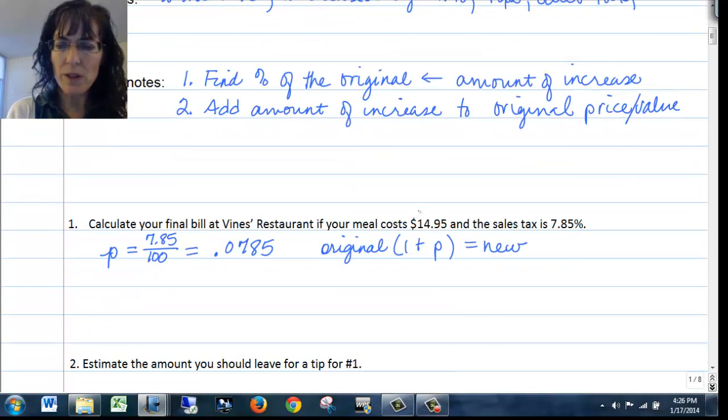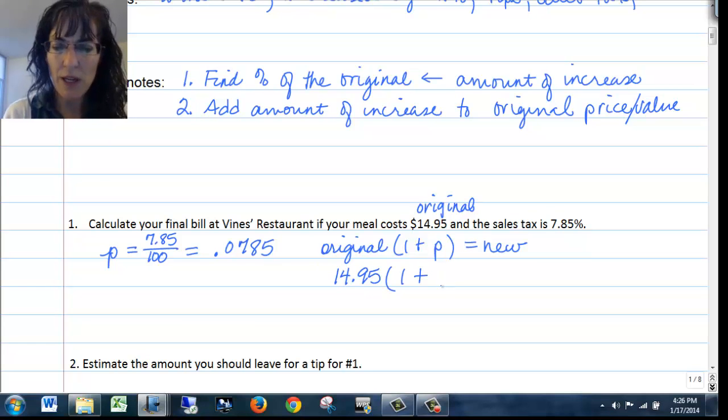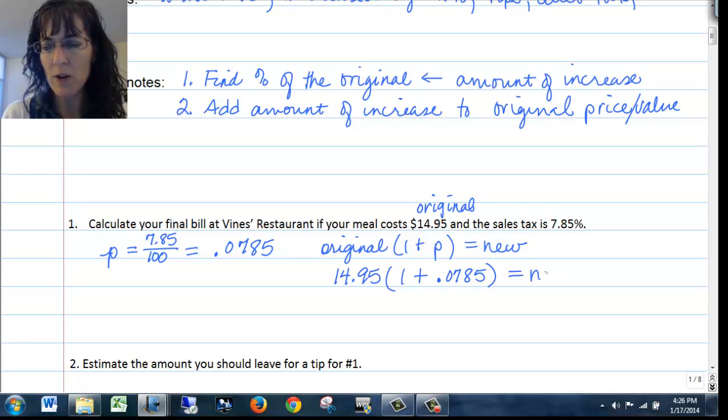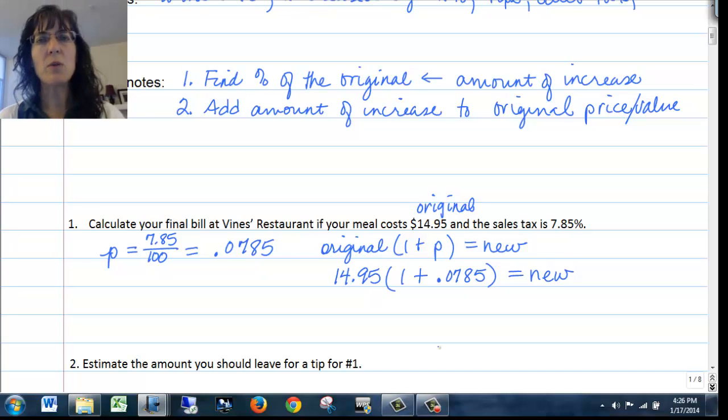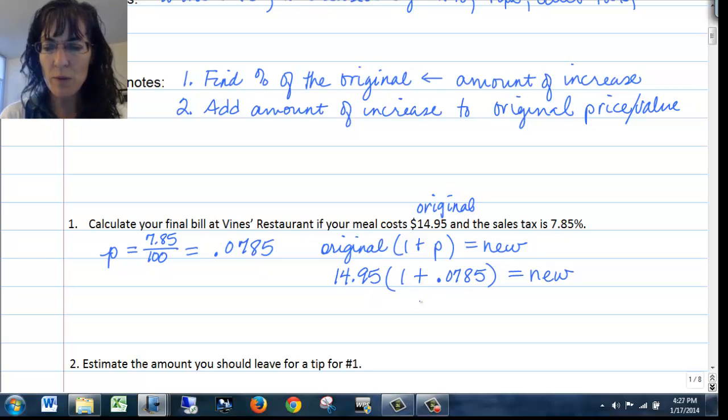And so to fill in this, the meal cost $14.95. That's my original value. So I would put that down here, 14.95. And then 1 plus my little p, I've already calculated, is 0.0785. And then when I calculate all of that together, that will give me my new price. Now when I add those two, 1 plus 0.0785, I just get 1.0785.